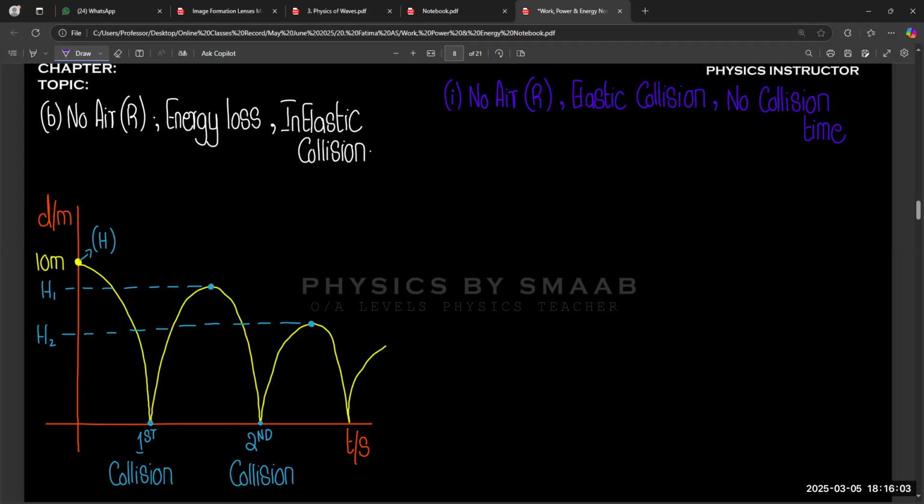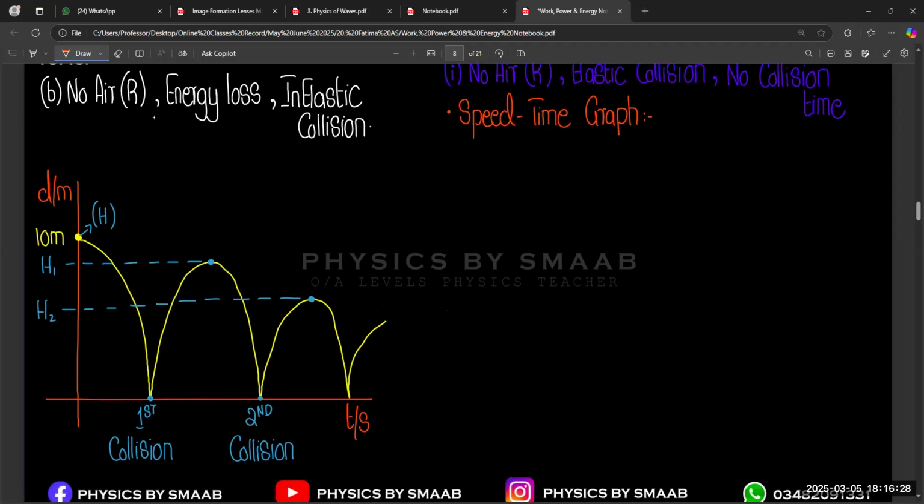And right now we are going to work with a speed time graph. This time we are not working with a distance time graph. So now we will mark both axes, positive and negative, this time.